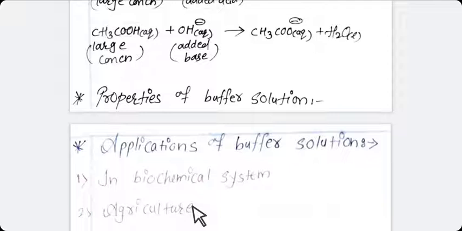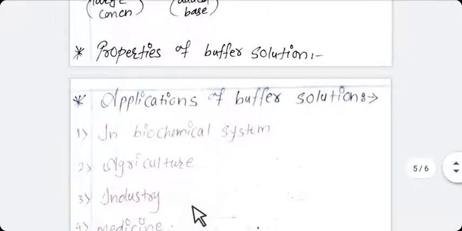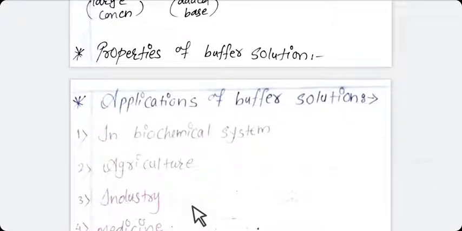The choice of fertilizer depends upon the pH of soil. The next application is in industry. So buffers play an important role in paper, dye, ink, paint and drug industry.